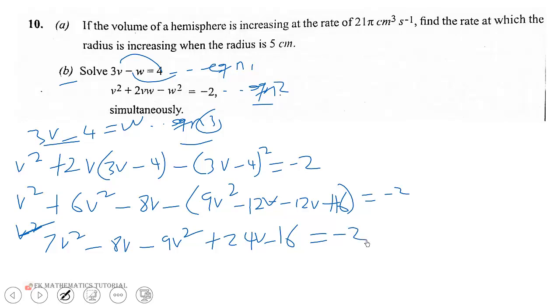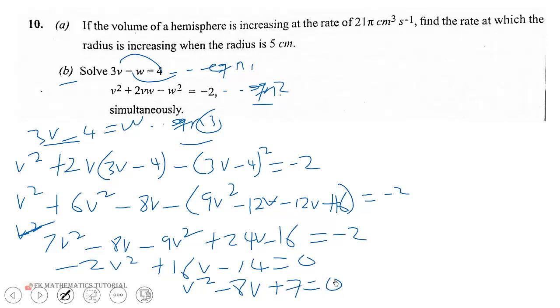So when we simplify this, we are getting -2v squared plus 16v minus 14 is equal to 0. Or divided through by -2, you're going to get v squared minus 8v, then plus 7 is equal to 0.